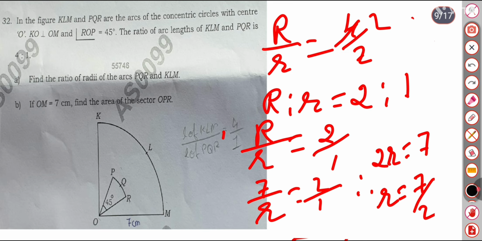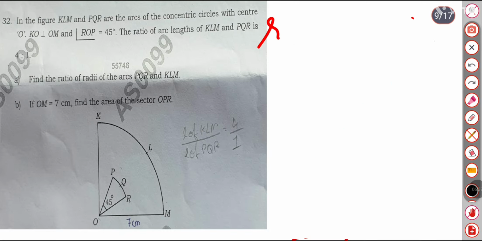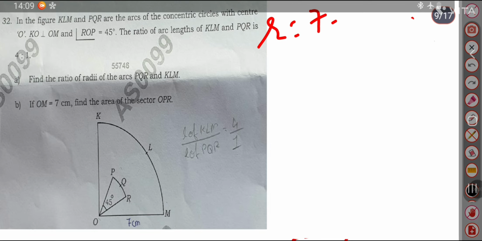So they are asking the area of the sector. What is the area of the sector formula? Area of the sector is theta by 360 into pi r square. r is equal to 7 by 2.